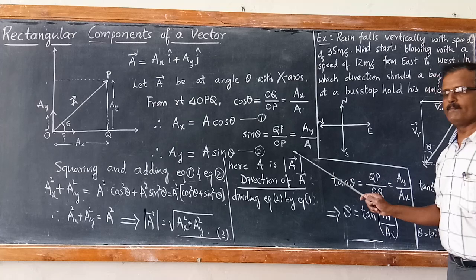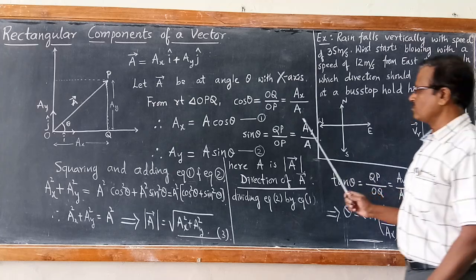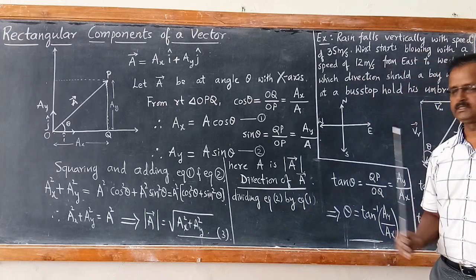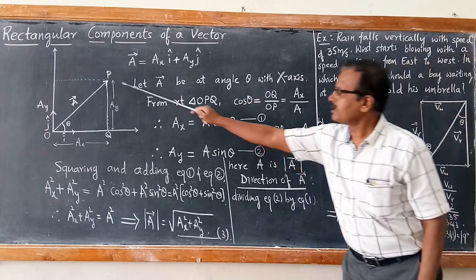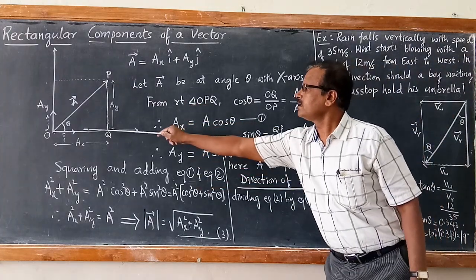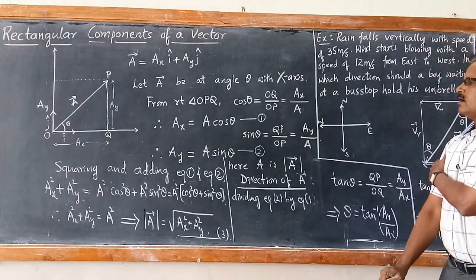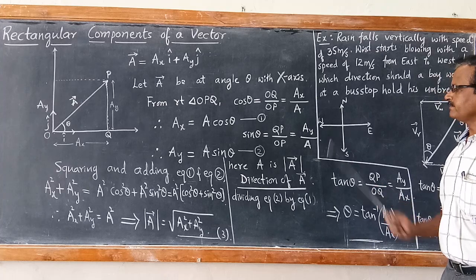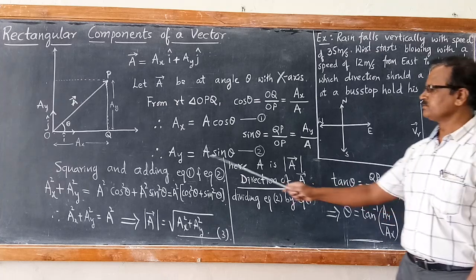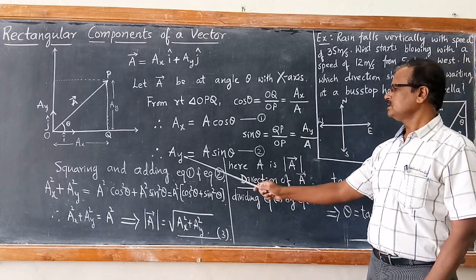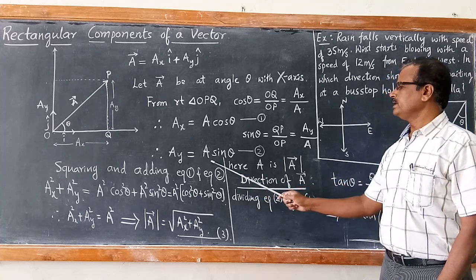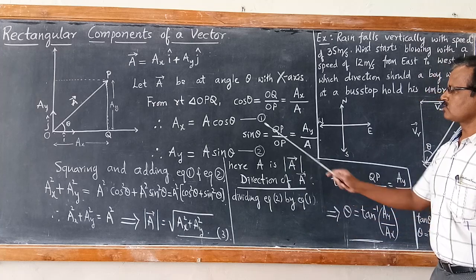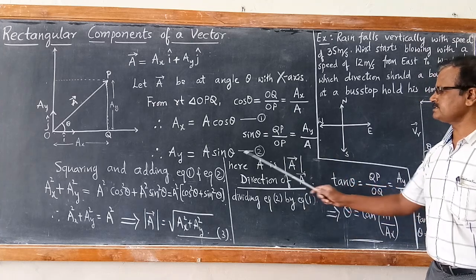QP by OP gives us AY by A. Opposite is AY and the hypotenuse is the magnitude of A. Thus AY is equal to A sin theta. Call the first equation 1 and this equation 2.